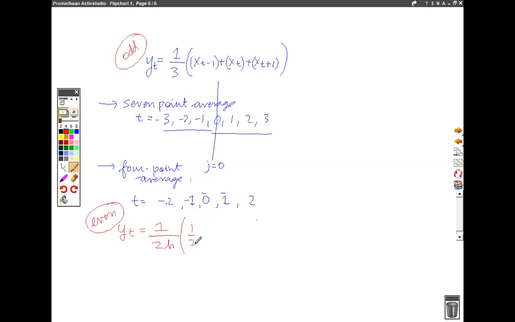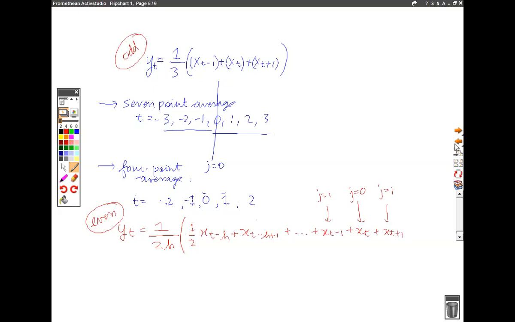So I'll just have half of x_{t-h} plus x_{t-h+1}, and you will somewhere have x_{t-1} and then you will have x_t. So this is my 0 time, where my j takes the value 0. Here my j takes the value minus 1, and here my j will take the value 1.